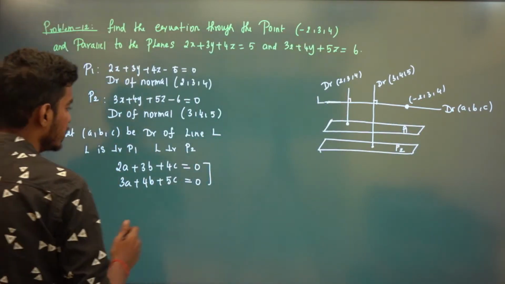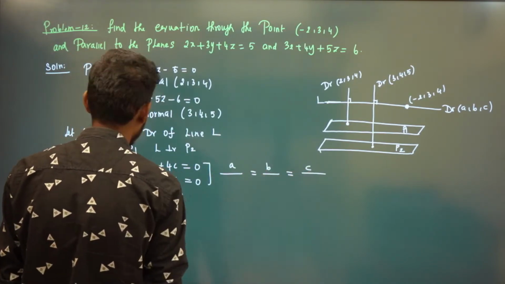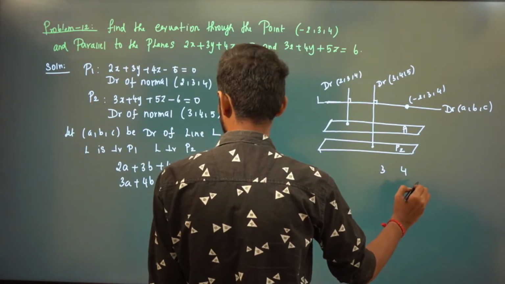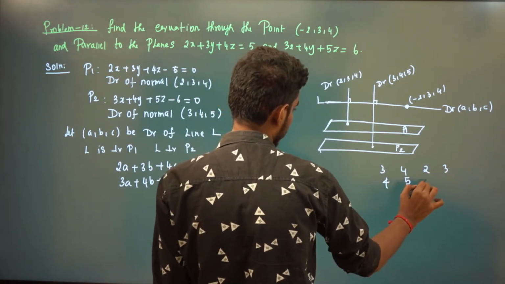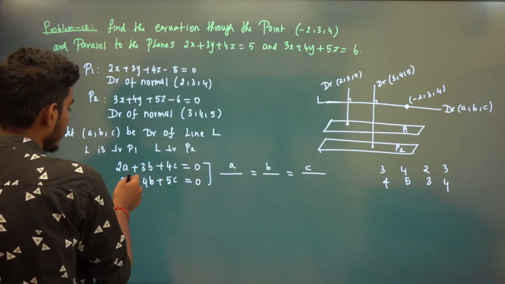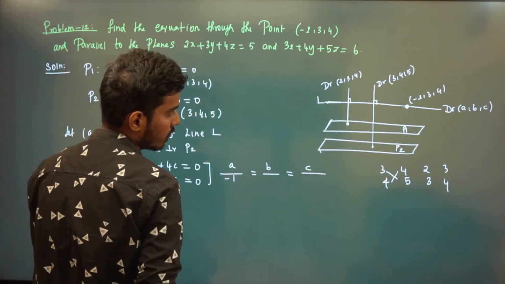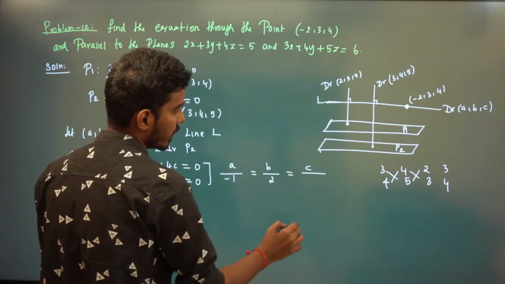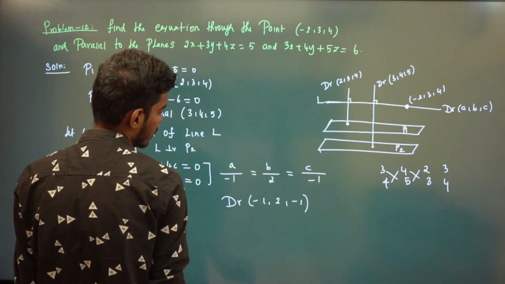So a divided by, b divided by, c divided by, writing 3 4 2 3 4 5 3 4. 15 minus 16 is minus 1. 12 minus 10 is 2. 8 minus 9 is minus 1. So one of the direction ratios is minus 1 comma 2 comma minus 1.